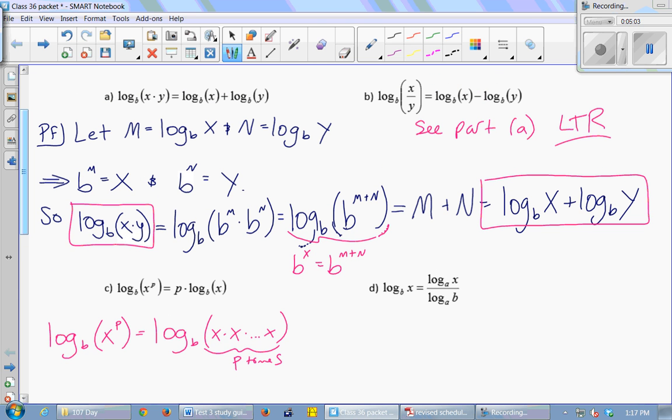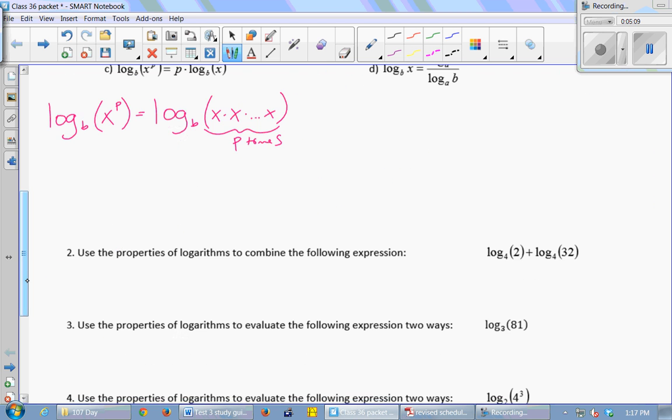When you take the log of a product, you can distribute the log and change it to a sum. So this says log base b of x plus log base b of x plus log base b of x. And how many of these log base b of x's am I adding up? p of them, because I had p of them up here.